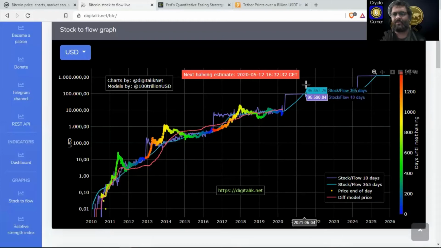Coming into 2021, we can see these two bands begin to match, and the price should stabilize around a mean of 100,000 somewhere in the middle of 2021.